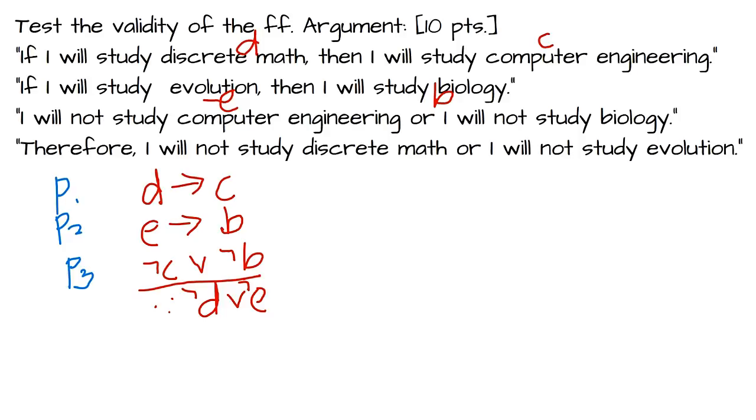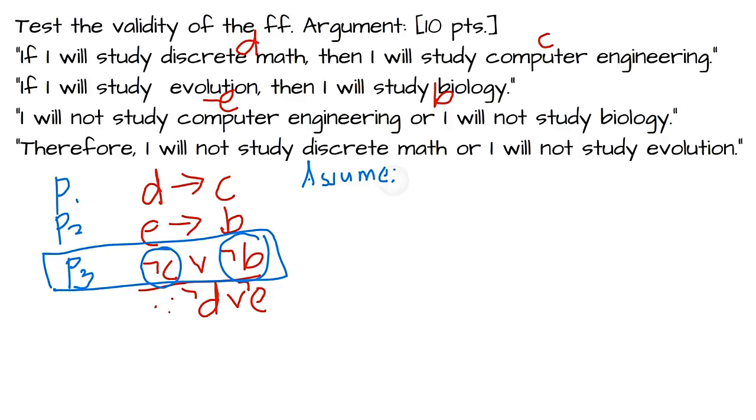One solution for this is to analyze the cases of premise 3. This is a disjunction, so it is composed of two cases. You have the not of C and then the not of B. So firstly, we're going to assume the first case, which is the not of C.